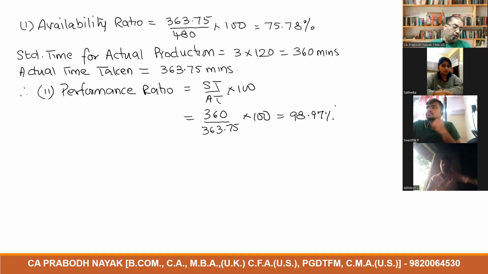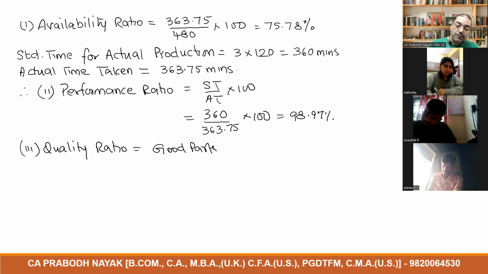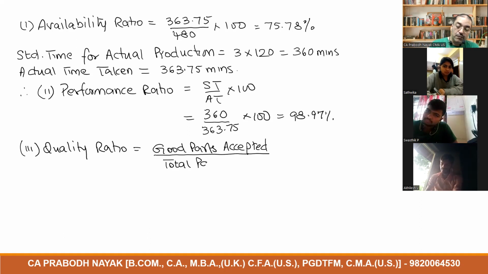Okay. Now for the third one, I require quality ratio: good parts upon total number of parts. So quality ratio is good parts accepted upon total parts manufactured, into 100.